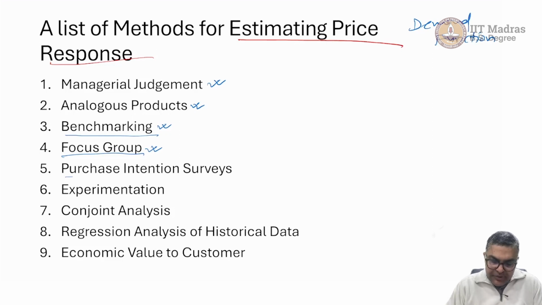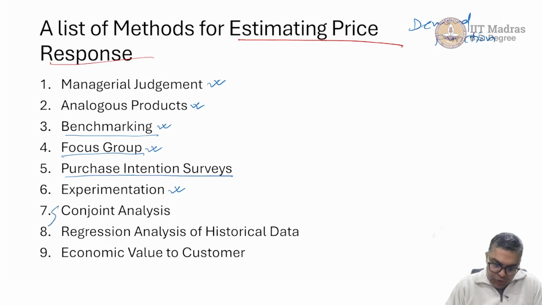Then there is the purchase intention survey, which is about conducting surveys and getting responses from potential customers and coming up with a demand curve based on that. Experimentation, we will see that in certain cases managers can experiment in the real field or in a simulated environment. They can do experiments to come up with the demand curve.